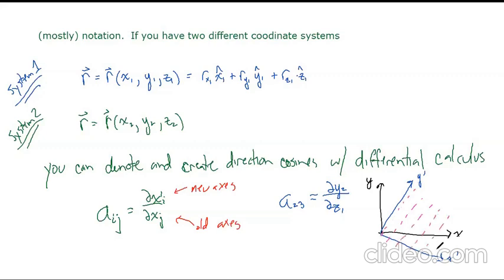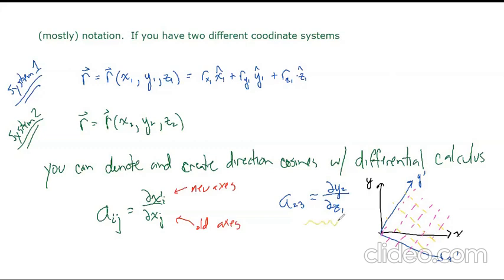So the lines of constant x prime look like these, I don't know, was that fuchsia? And the lines of constant y look like these. And so if you're asking how this line changes with respect to x, you're asking the slope of that line. The slope of that line is the angle.